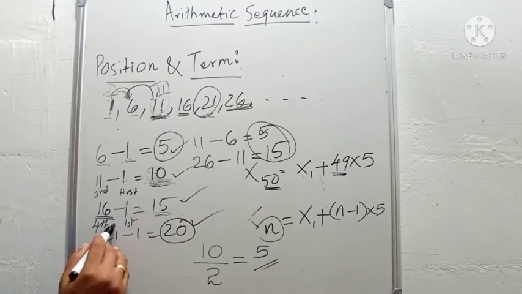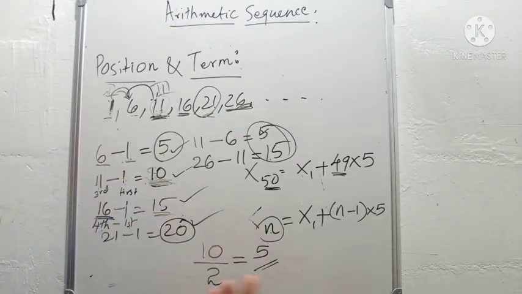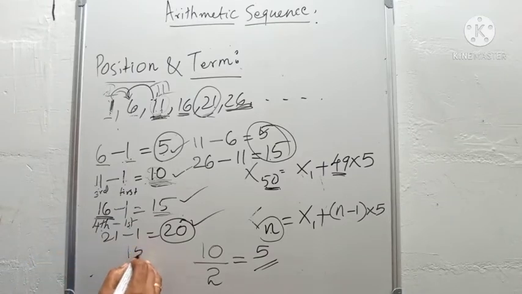And what is the position difference? The fourth and the first positions, so 4 minus 1 is equal to 3. Term difference by position difference, 15 by 3, is equal to 5.